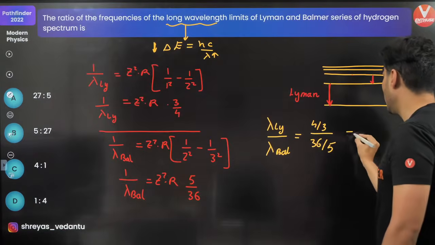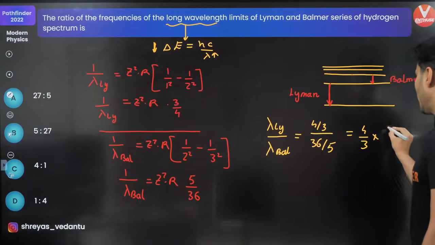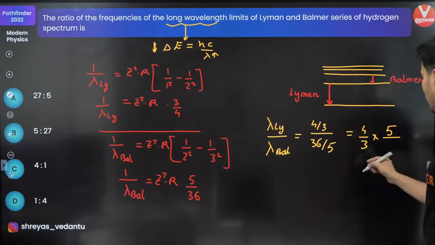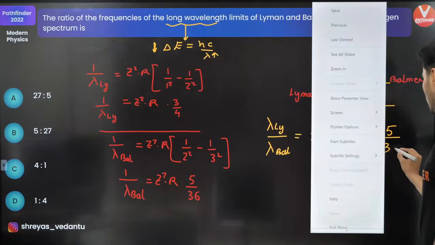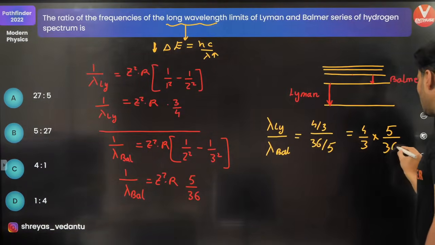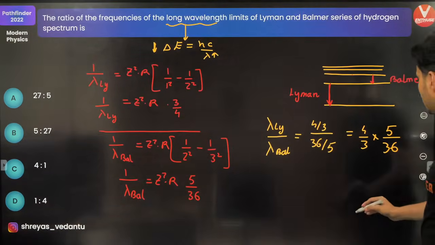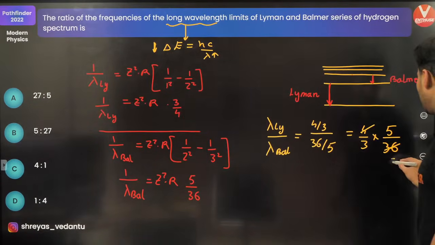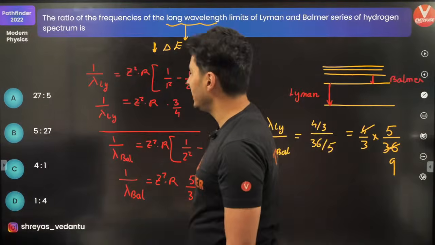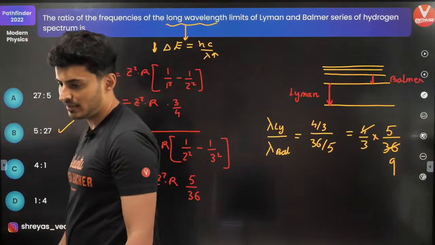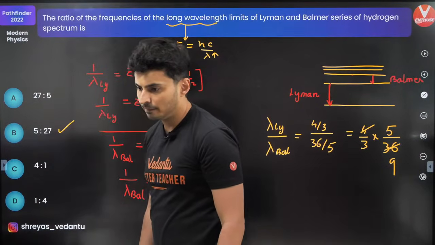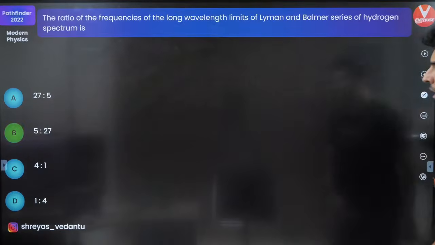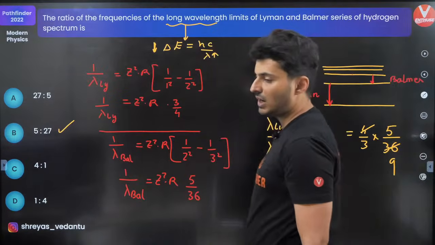So it will become 4 by 3 and you will have 5 and 36 over here. Yep, this will be 9 times. So 5 by 27. Just check this out. Yep, it is 5 by 27.